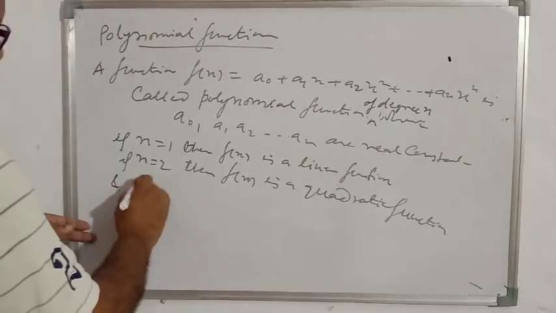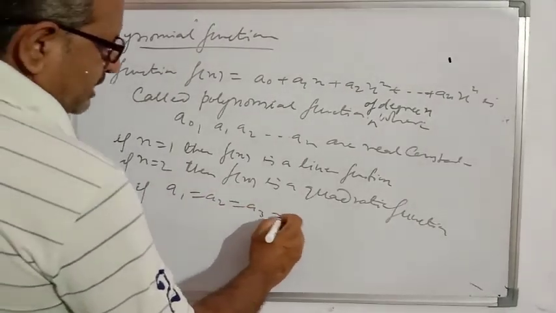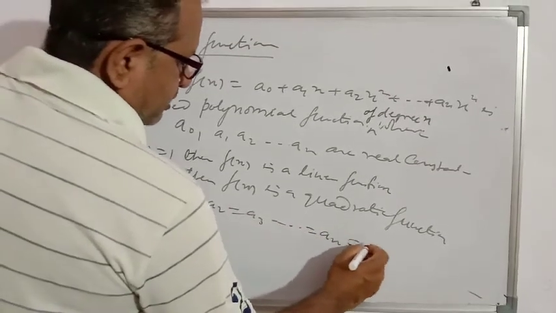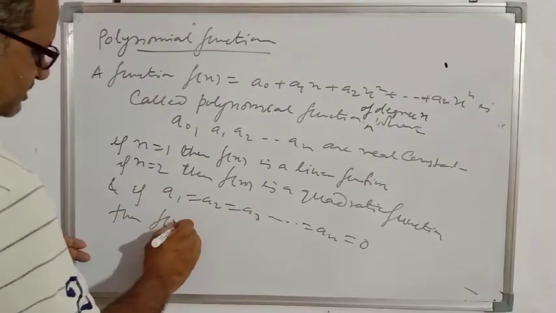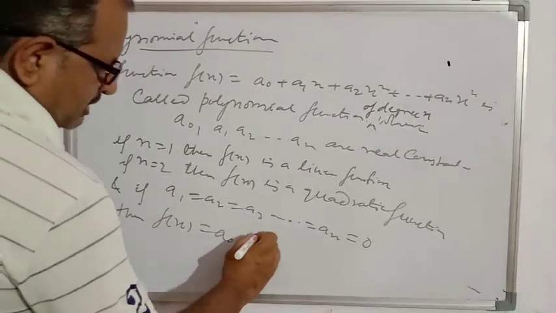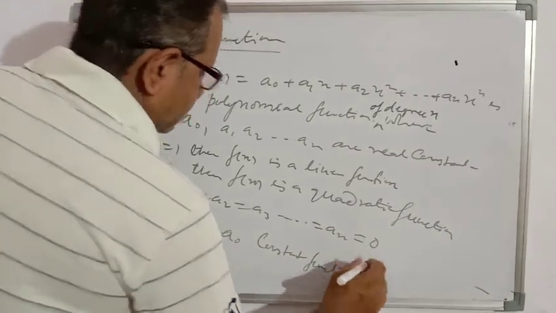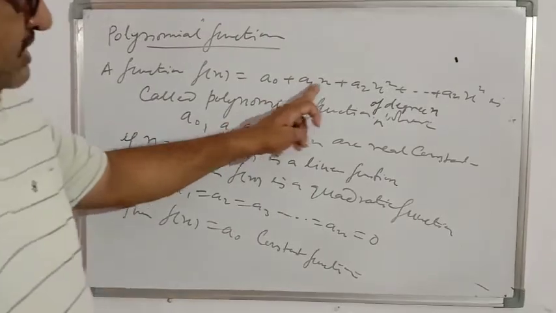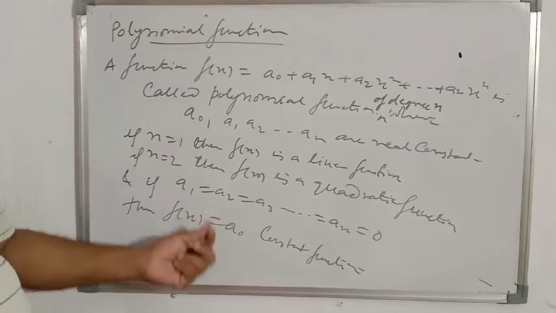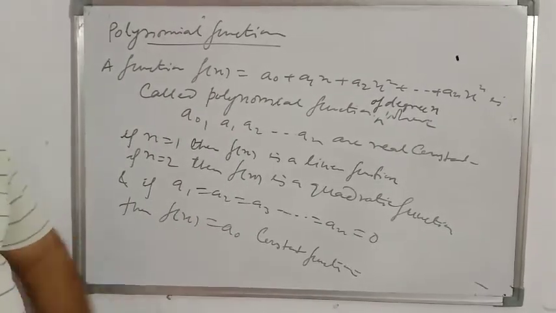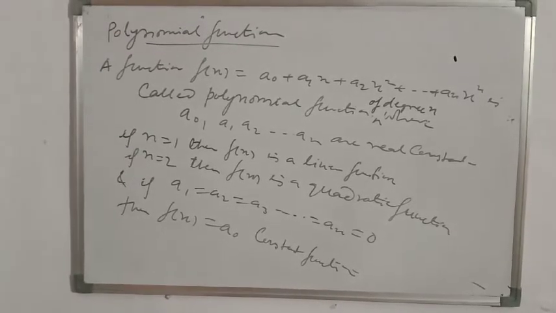And if a1, a2, a3 up to an are all 0, then f(x) is equal to a0, which is a constant, so we get a constant function. So this is called the polynomial function.